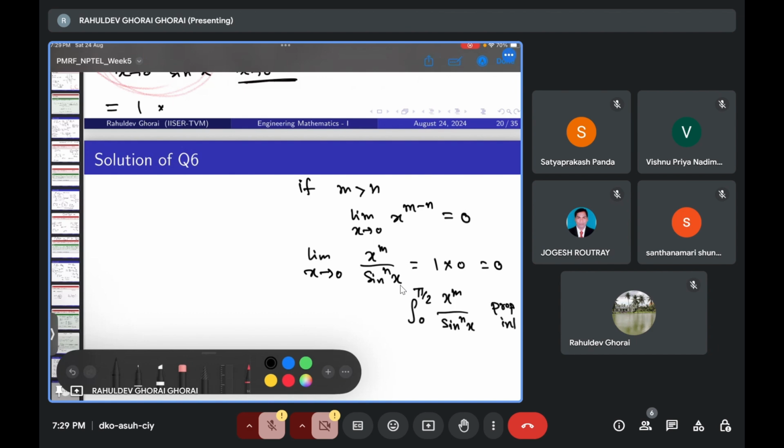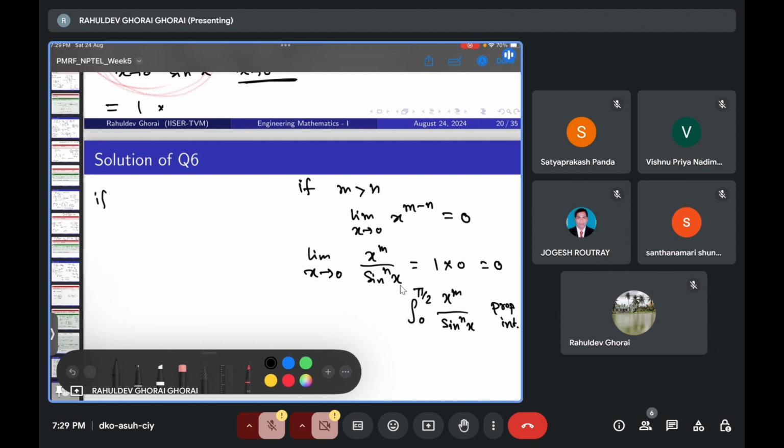Why? Because the given integration is from 0 to pi by 2, which is a bounded domain, and the problem we thought about at the 0 point has a finite limit. So the integral is proper when m is greater than n.